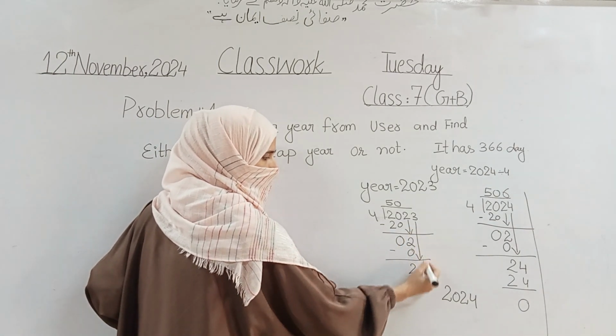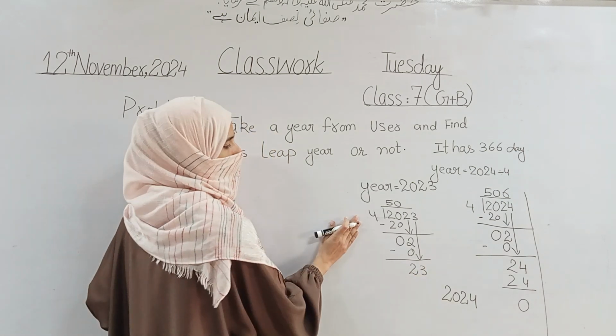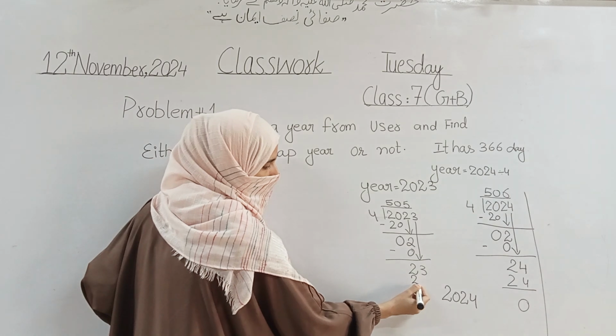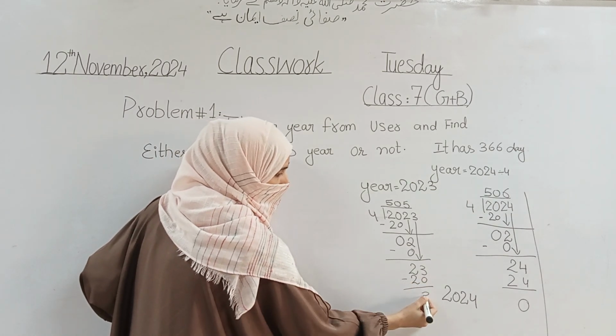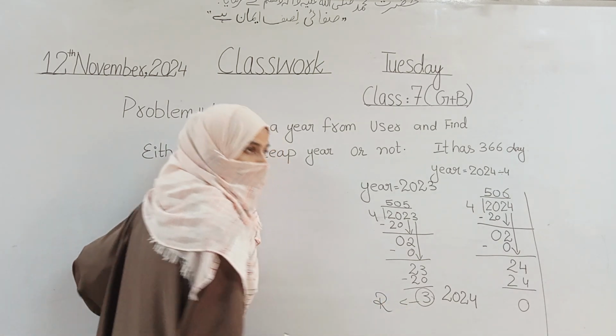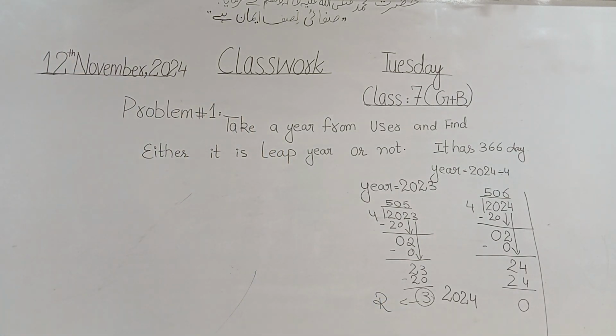Next 3, 4 5 times 20 and remainder is 3. Now we have a remainder equal to 3. It means 2023 is not a leap year.